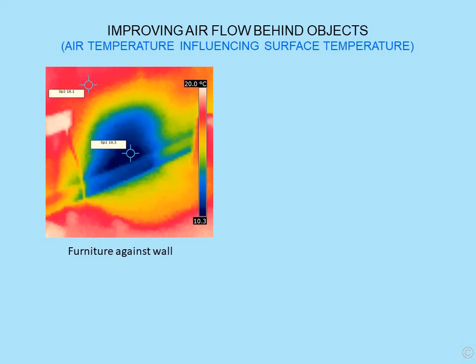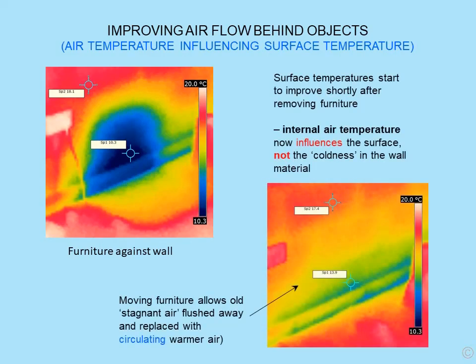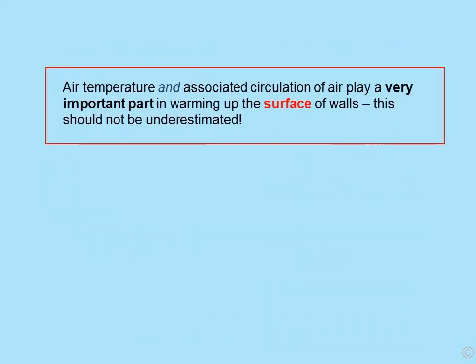This was simply because there was no airflow and we had no heat input from the air. However, take these away and the internal air temperature now influences the surface and not the coldness in the wall. So moving the furniture allows the old stagnant air to be flushed away and replaced with circulating warmer air. Thus the risk of condensation and mold growth will decline.